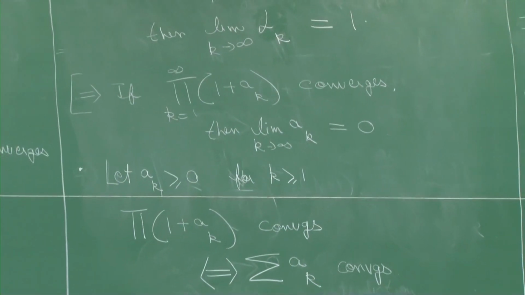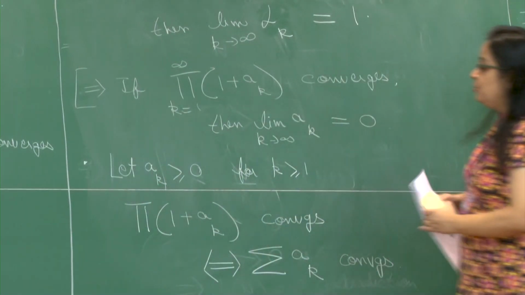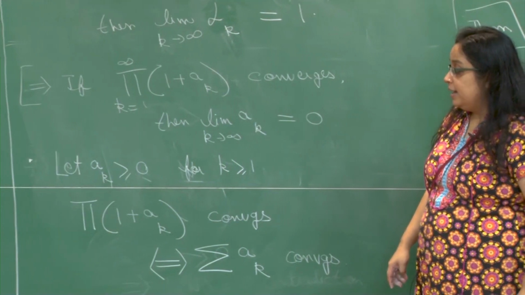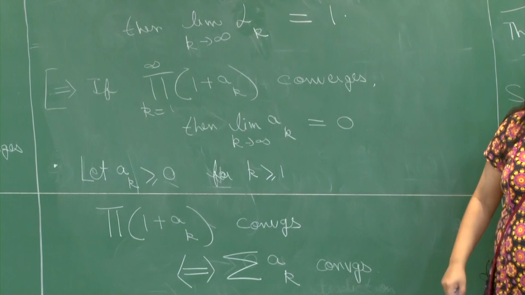Clearly, since here we are talking about a sub k greater than or equal to 0, we can take any sequence of complex numbers a sub k and talk about convergence of 1 plus the absolute value of a sub k.